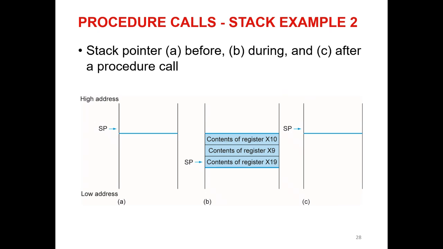Imagine that before calling the procedure, the stack pointer was pointing at some address. Once I call my procedure, I use this stack address and add elements here. When I finish my procedure, I delete those elements, restore the stack pointer to the initial value, and return back to the caller.